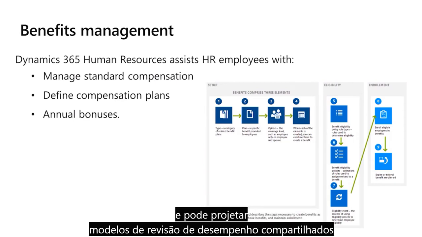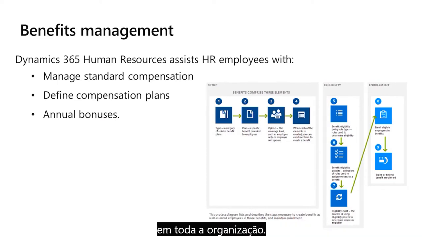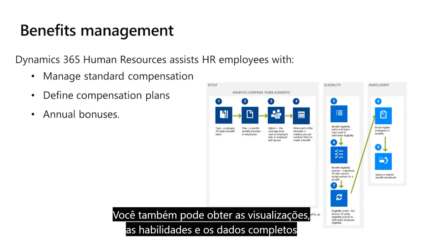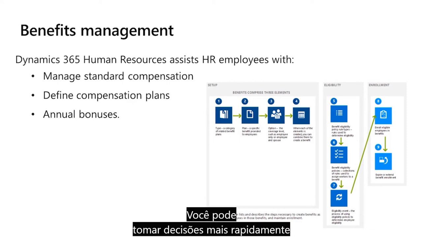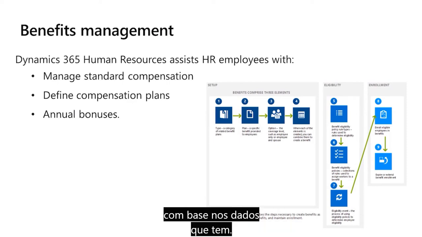And you can design and share performance review templates across the entire organization. You also can gain the complete views of skills and data across the organization that help you make decisions faster. That's everything with Dynamics 365, is you're able to make decisions faster based off of the data you currently have. So this is a great way for your managers or your HR practitioners to help manage their team.